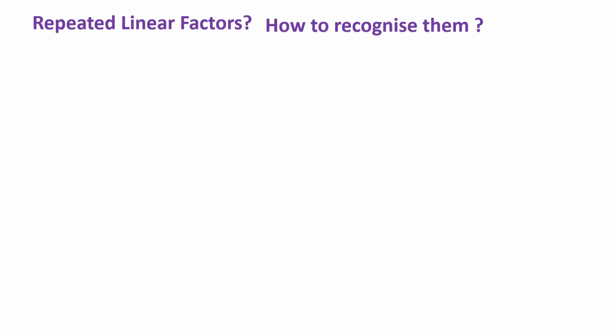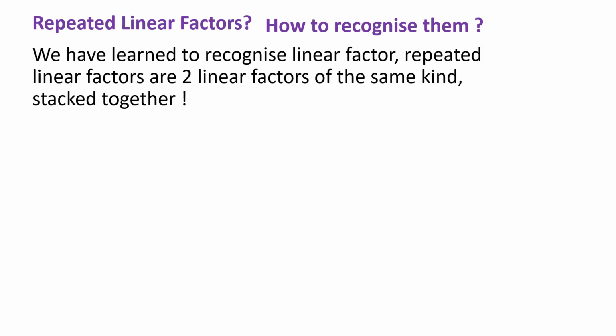The next step we need to be able to recognize is a repeated linear factor. So what are repeated linear factors? Previously we've learned to recognize linear factors. Repeated linear factors are actually two linear factors of the same kind stacked together.